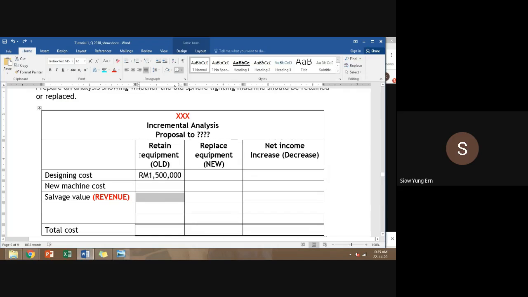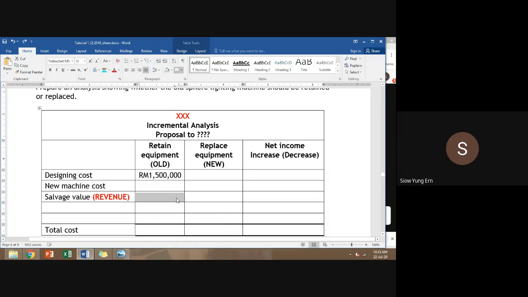If you are going to retain your old machine, are you going to sell this? Your salvage value, what will it be? Zero, correct.